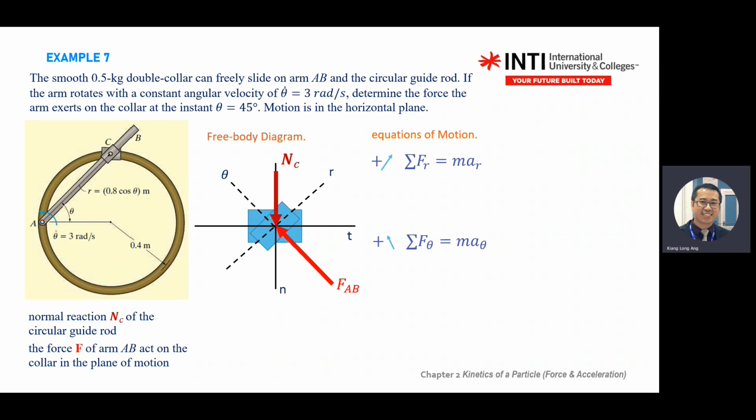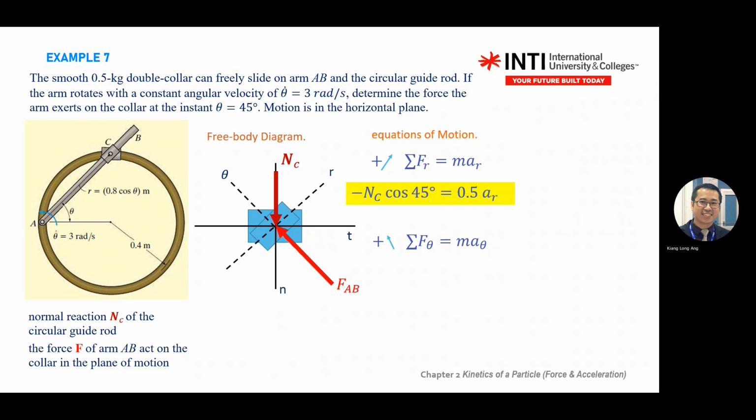So what are the forces in r direction? NC you split into r direction and theta direction. Why negative? Because it's opposite the r. The vector is pointing this way, so you get negative there.